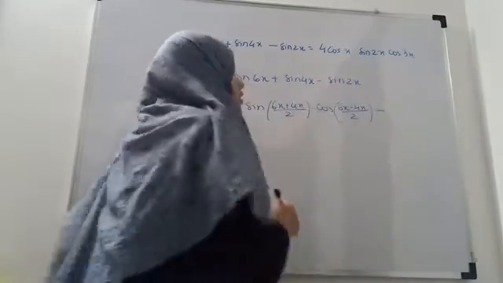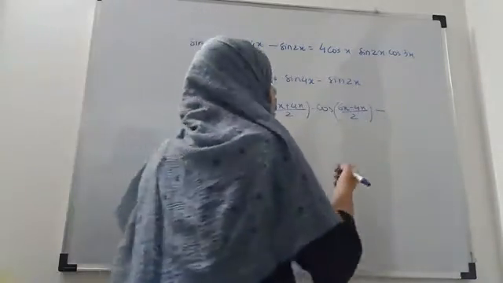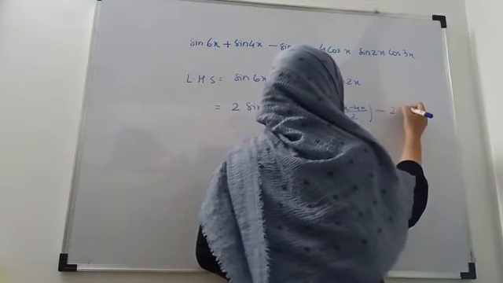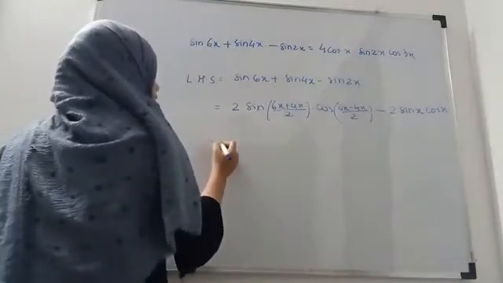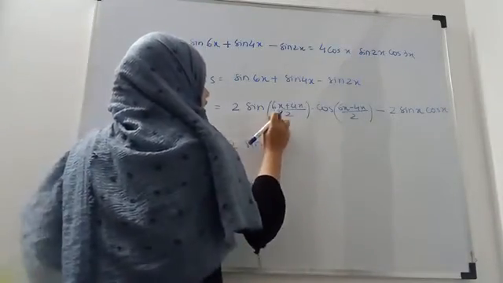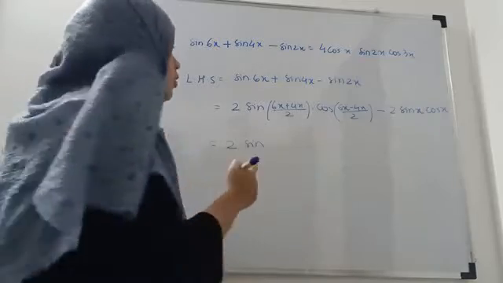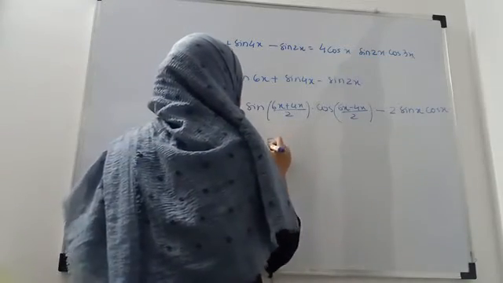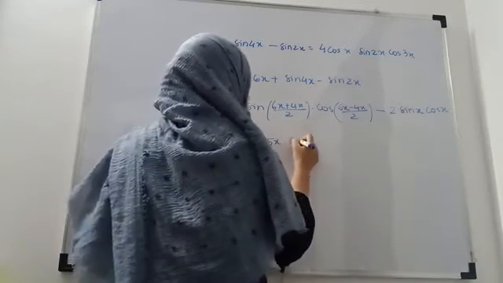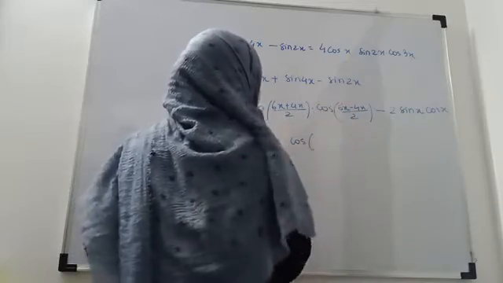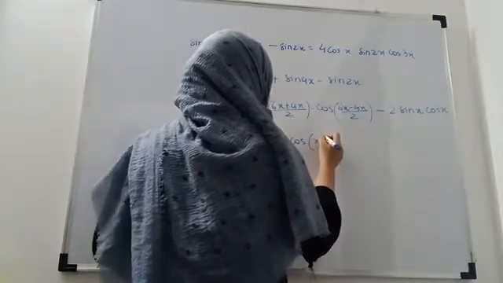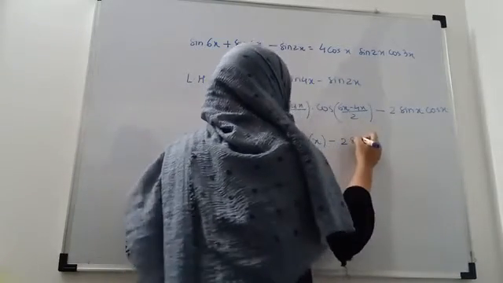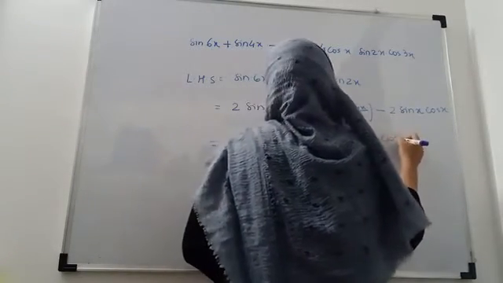And in place of sin 2x, we will use the formula for sin 2x, which is 2 times sin x cos x. Now here it is 2 times sin of 6 plus 4, 10, 10 upon 2, it is 5x, into cos of 6 minus 4, 2, 2 divided by 2, it is x. Cos x minus 2 times sin x and cos x.